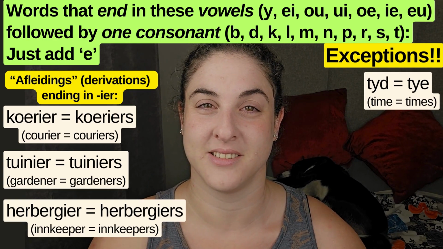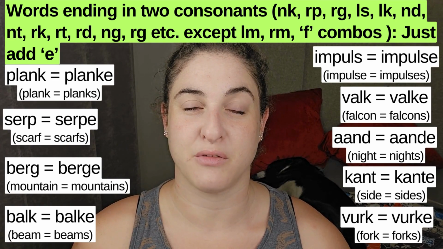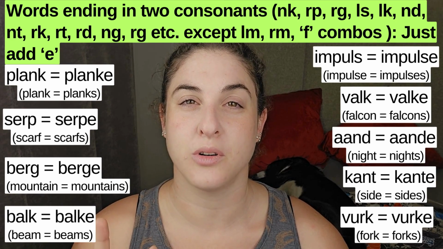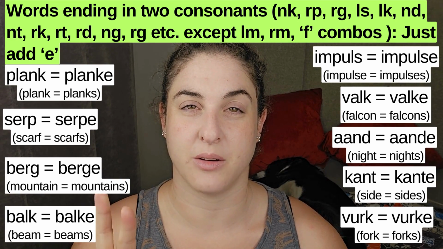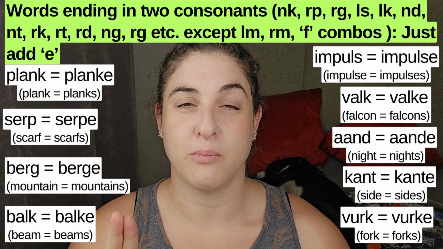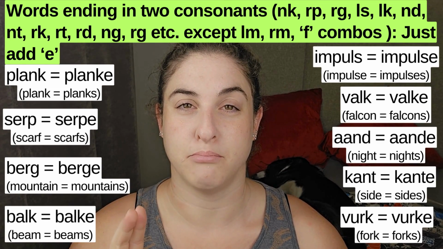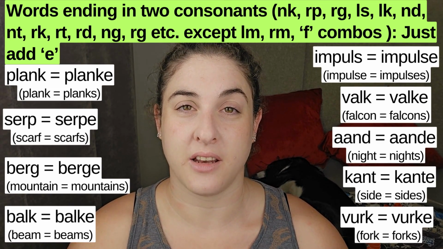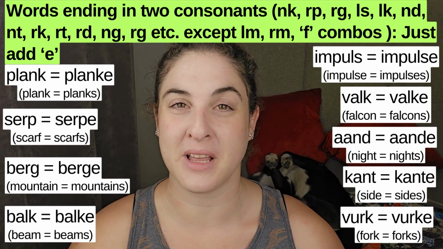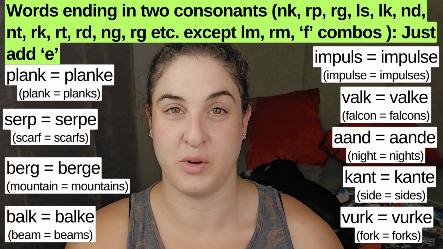Remember that one. Words ending in the above mentioned consonant combos. So two consonants next to each other when the word ends in one of those, except for the combos rm and lm, and then anything ending with an F. So if it's an rf or something like that, if the word ends with an F, it's not part of this situation.